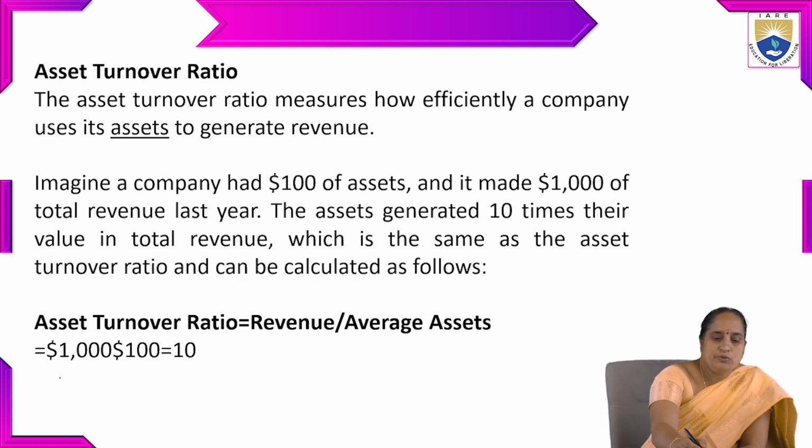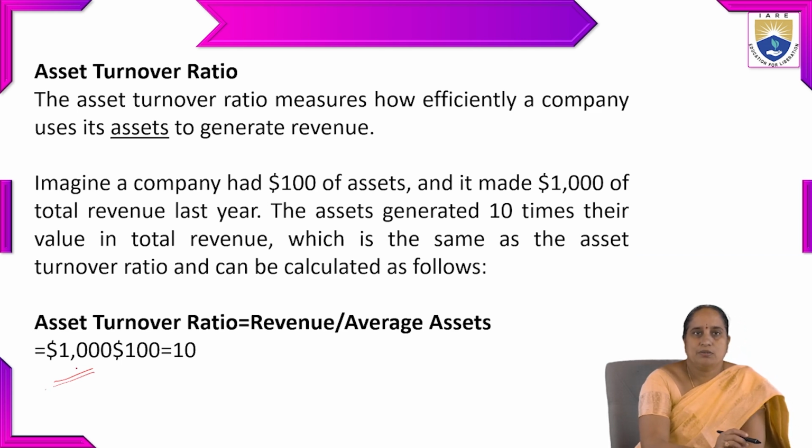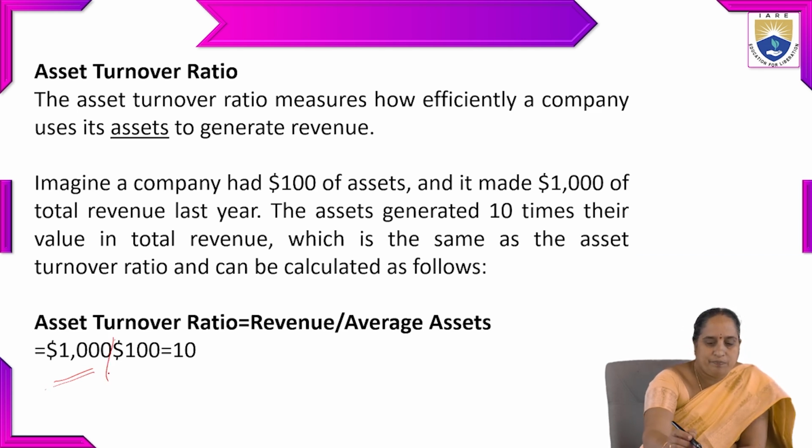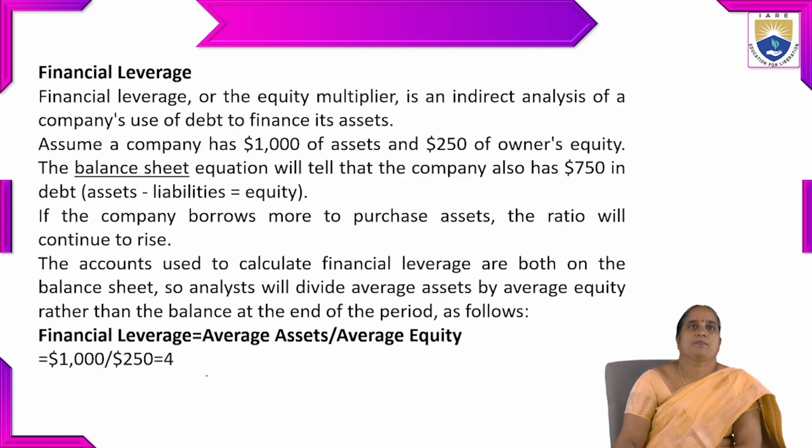So the revenue the company generated is $1,000 divided by average assets of $100. So the total asset turnover ratio becomes 10.